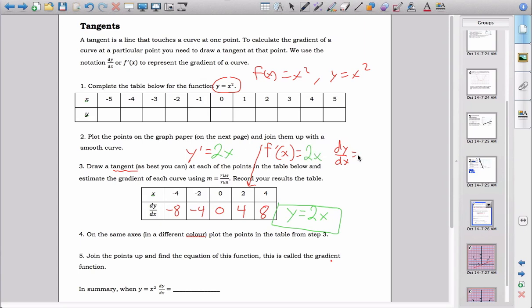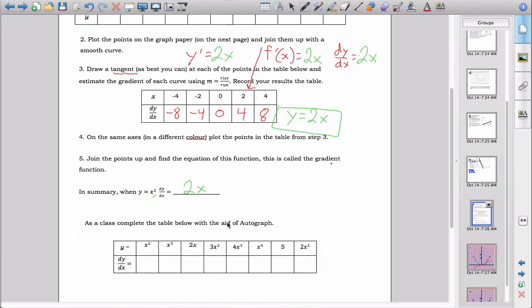You can write this 3 different ways: the derivative of y is 2x, the derivative of the function is 2x, or the derivative of y with respect to x is 2x. That's the equation that gives the slope of the tangent line. In summary, if y equals x squared, then dy/dx equals 2x.